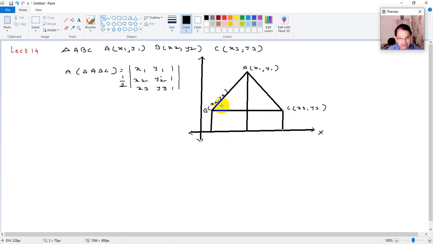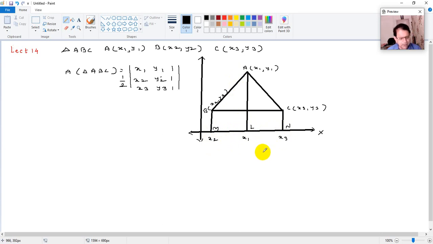Naturally, as the coordinates here are x1 y1, this point is here. What is the x coordinate of this point? It is x1. This will be x3 and this will be x2. This is obvious, right? Name this point L, this point M, and this point N.